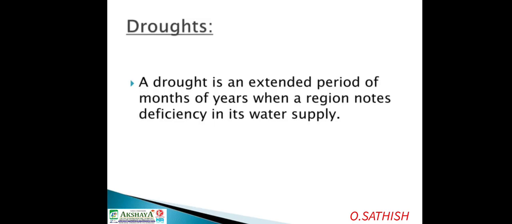Now we are seeing about droughts. Drought is a prolonged period of below average precipitation or water availability in a particular region resulting in water scarcity, reduced soil moisture, and decreased water level in rivers, lakes, and groundwater.